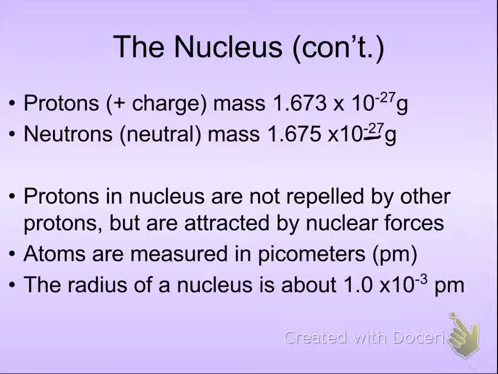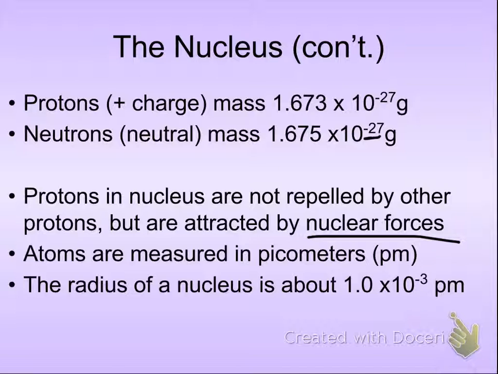So here's the weird part. If we put two things that are positively charged together, what do we expect them to do? Like charges repel. So we've got these protons that are all clustered in the nucleus, and we would expect them to be repelled by one another, but there are these things called nuclear forces, and there are actually strong and weak nuclear forces.